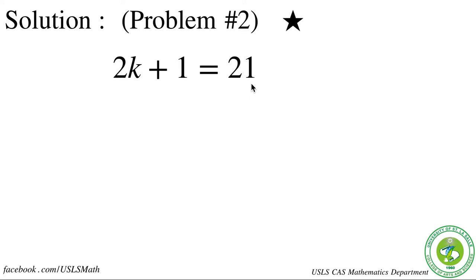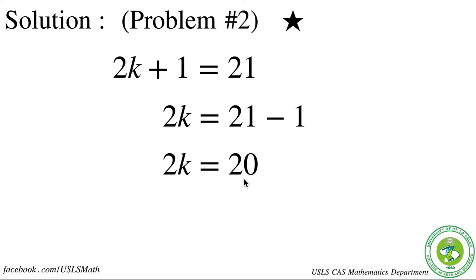Given this equation, the math is very easy now. Transpose the 1 to the other side. Of course, the sign of the 1 will be flipped because of the transposition. Perform the operation: 21 minus 1 is 20. Then we need to isolate k by dividing by its coefficient, which is 2.